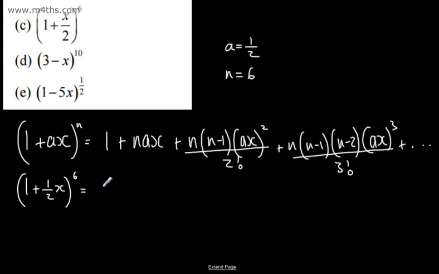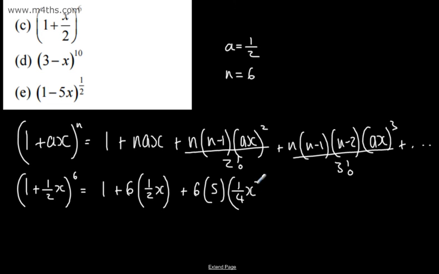So this is going to give us 1 plus 6 multiplied by 1/2x. Then we're going to have plus 6 multiplied by 5, n minus 1. Then we're going to have this value, which we need to square. Now I'm going to write this out as 1/4 x squared. That is 1/2 x squared, and then we're going to divide all of this by 2 factorial, or multiply it by 1/2.